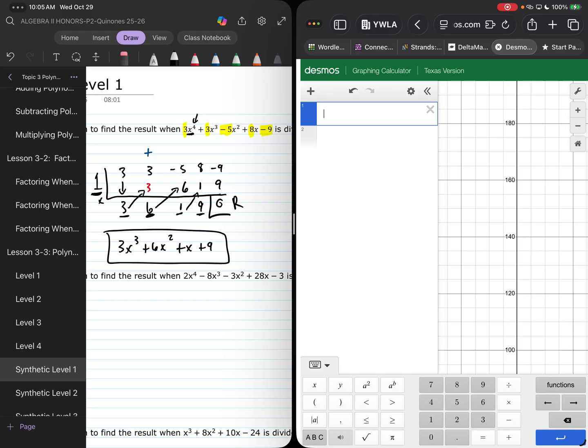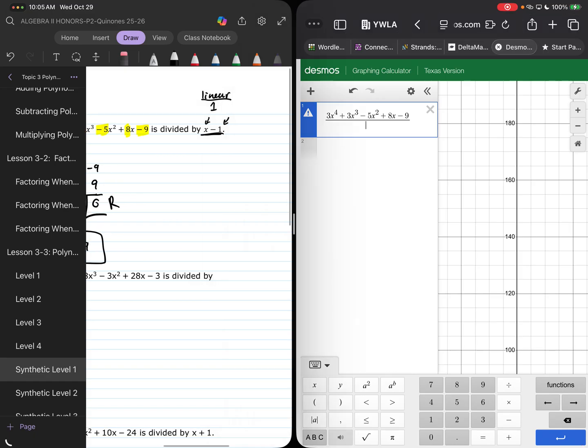Actually, let me do the fraction bar first. 3x to the 4, and remember you have access to this in your own exam, so I'd use it, plus 3x to the 3 power minus 5x squared plus 8x minus 9, all divided by x minus 1.